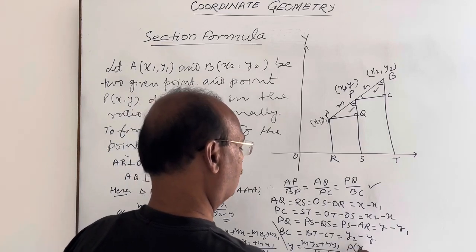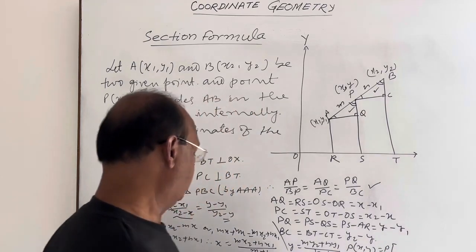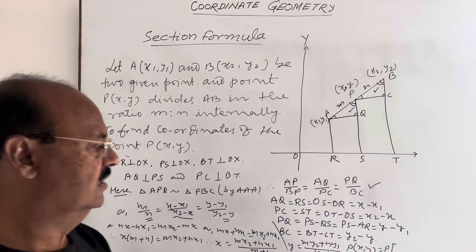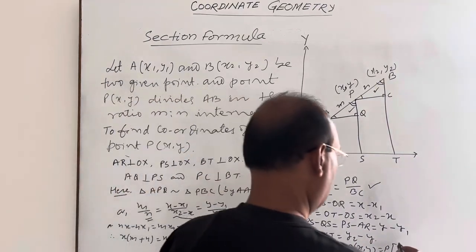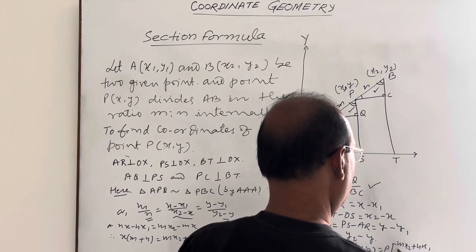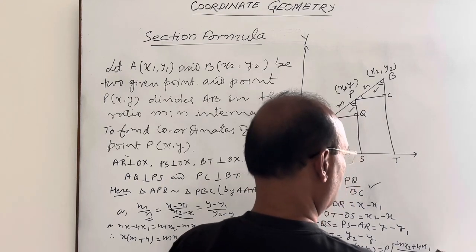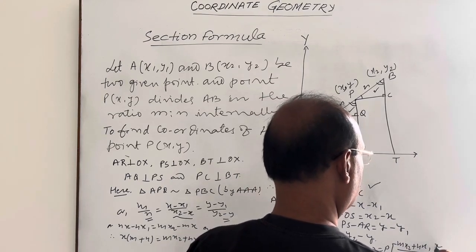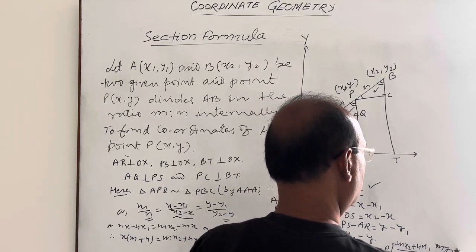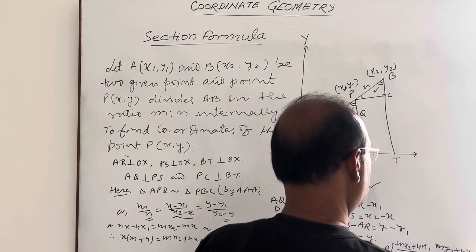So the coordinate P(x, y) is equal to how much? We are getting, with the help of these two relations, the x is mx2 plus nx1 divided by m plus n, and similarly the y coordinate is my2 plus ny1 divided by m plus n.